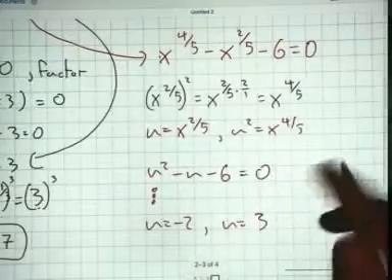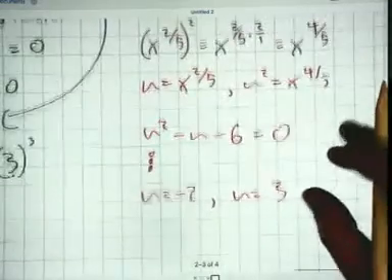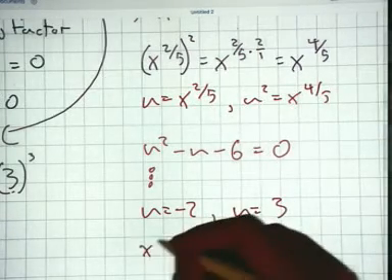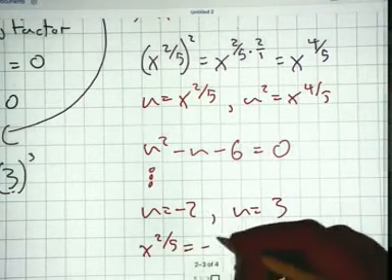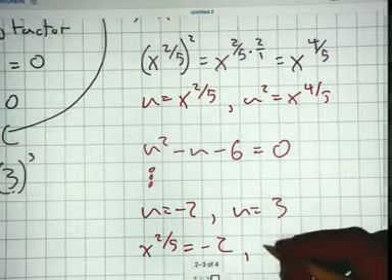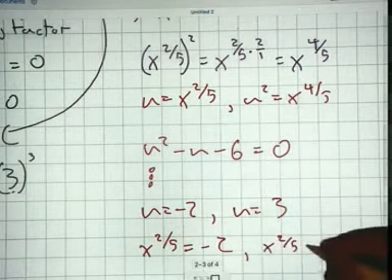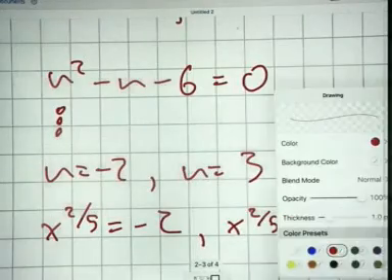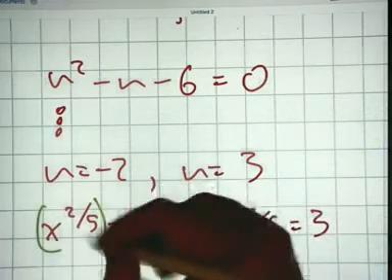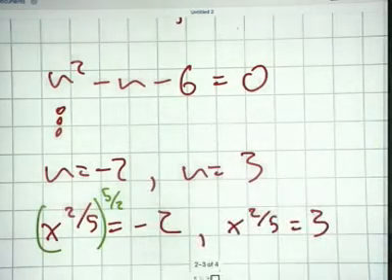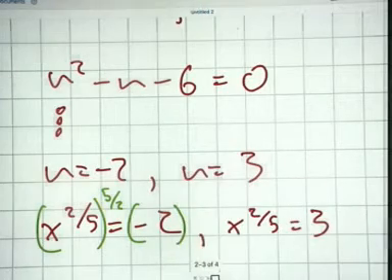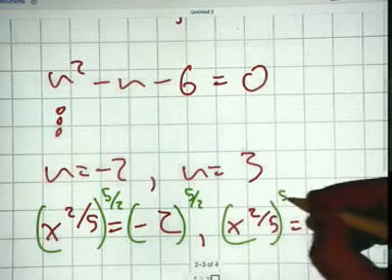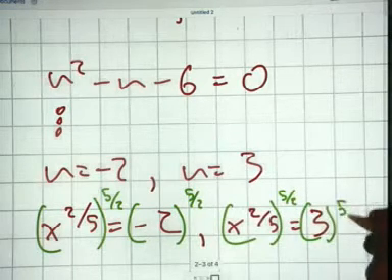Then we can say, since u is equal to x to the 2/5, x to the 2/5 is equal to negative 2. X to the 2/5 is equal to 3. So here's how we'd solve this problem. Raise both sides to the 5 over 2.